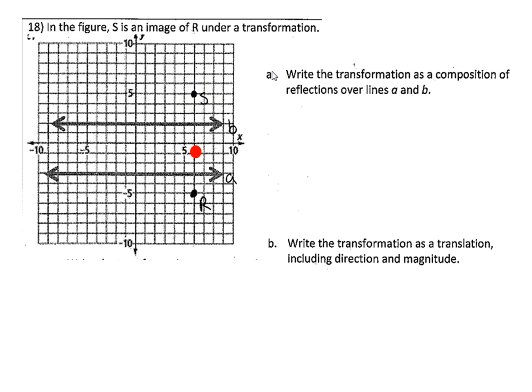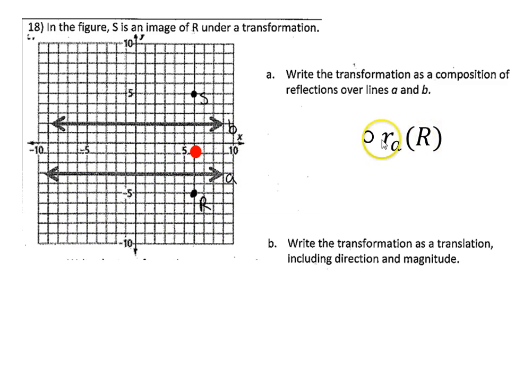Well, the first thing we did is we took point R and we reflected it over A. And again, we're working backwards with reflections. We work backwards, and the notation is no different. So take R, reflect it over A. That's what we did first. After that, another reflection we're going to do, so we're going to use the composition symbol right here, which you can just think of as "and then."